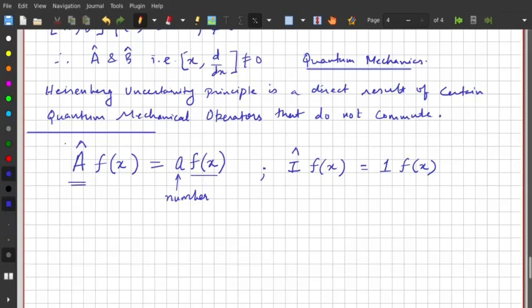This equation, where you have an operator acting on a function giving you a number times the function itself, is known as an eigenvalue equation.